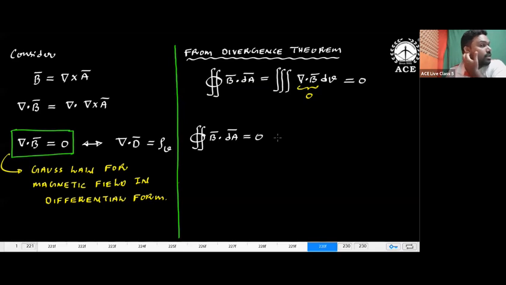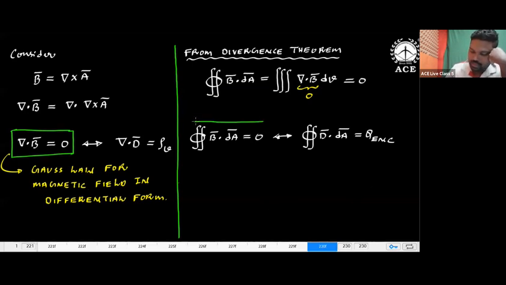But what you have learnt in electrostatics, let me write that one also here, is this one. Closed surface integral of D dA is equal to charge enclosed. Yes or not? So it is looking something similar.